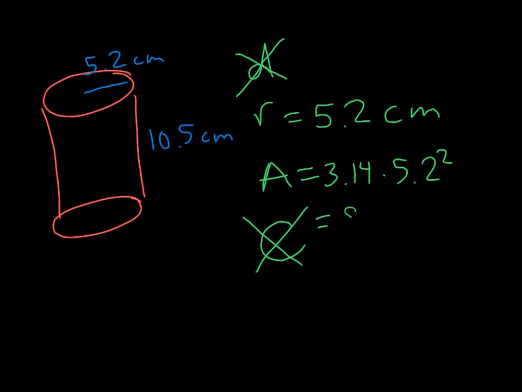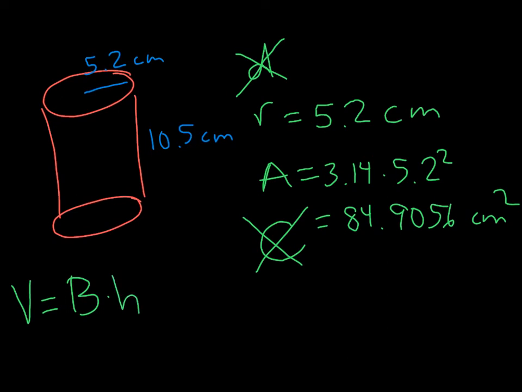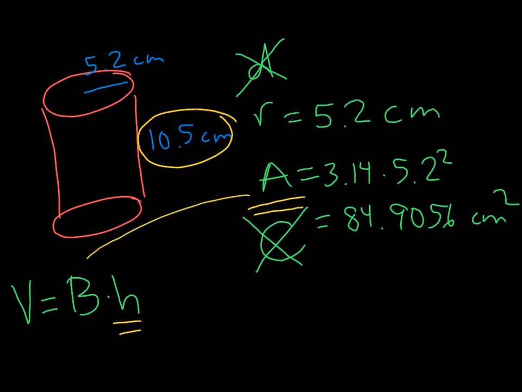And I got 84.9056 centimeters squared. All right, so I'm going to go ahead and use that to find the volume. Remember, the volume is the area of the base times the height. We've identified the height as 10.5, and the area of the base was that area of the circle.